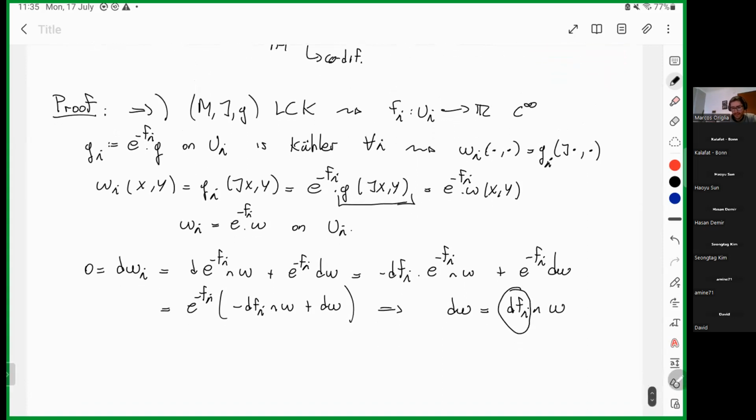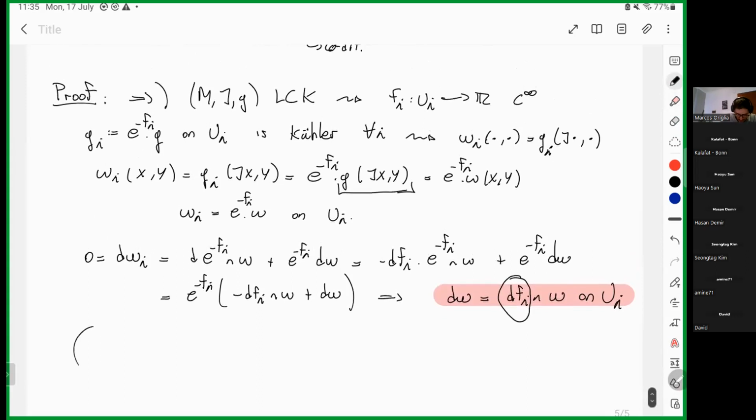But what's the problem? This is a local definition of theta, right? This is just on U_i. So we need to check that this is well defined in the intersection of two sets, U_i and U_j. From one side, we have df_i wedge omega, which is d omega. And from the other side, from the j side, this is df_j wedge omega, right?